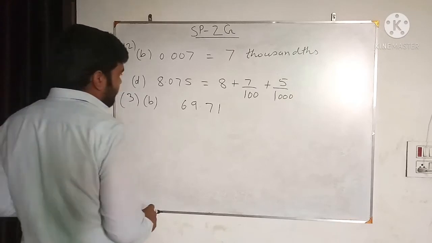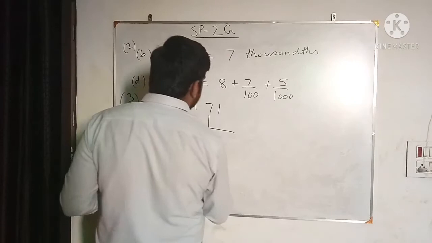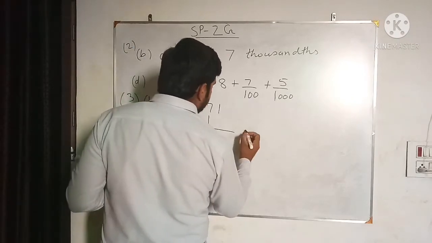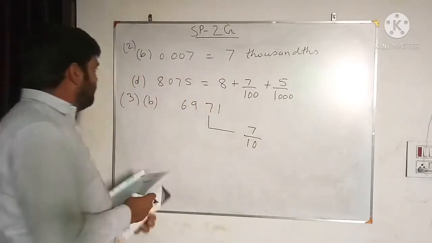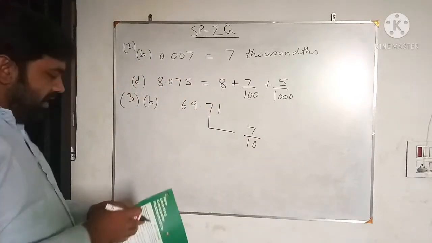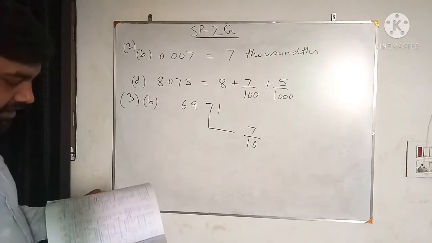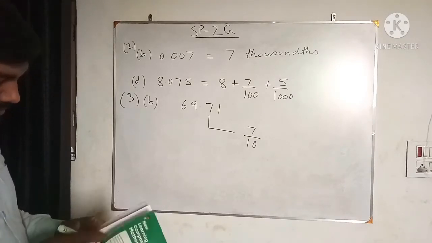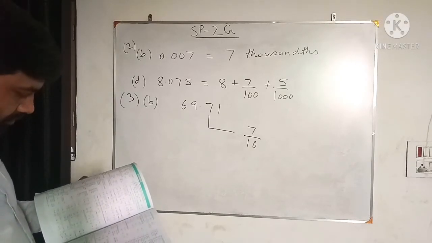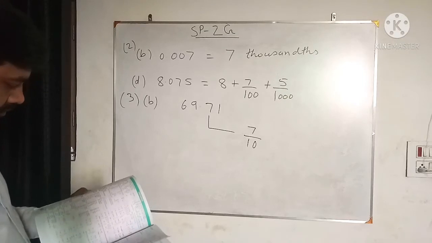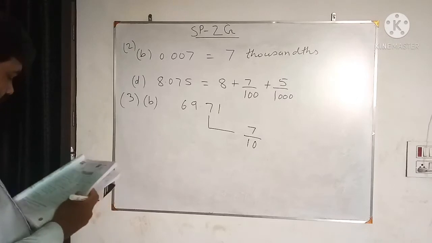So the place value of this digit 7 is 7 by 10, that is 0.7. So the place value of 7 in 69.71 is 7/10, that is 0.7. Okay. Seven by 10, correct? Now we move to the next question.